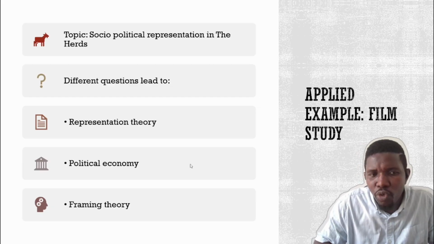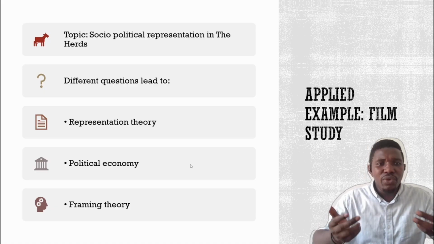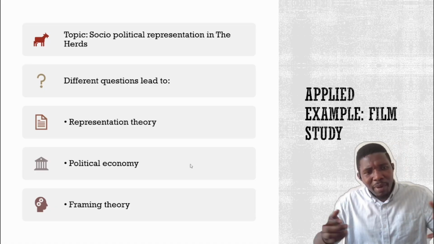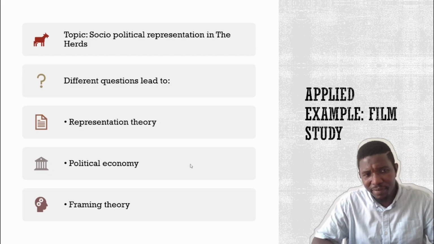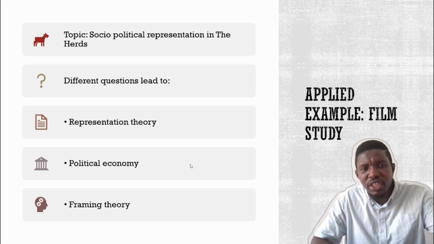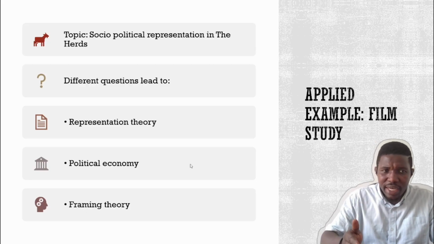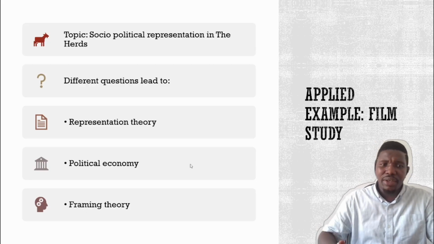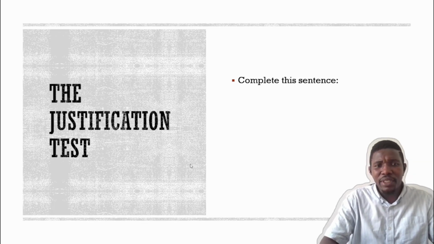Then think about the political economy of the category, how media has been able to represent it, and then representation theory. You see that there is a connection between the topic and the theories that are listed. Now, the justification is yet another important thing.